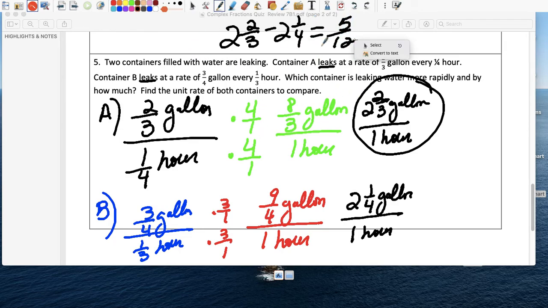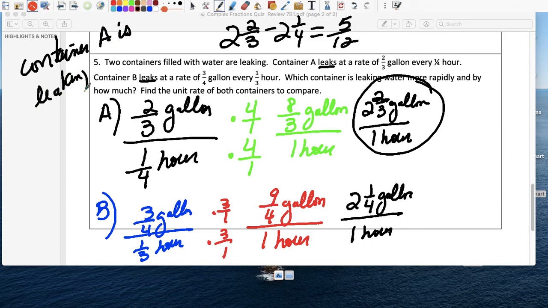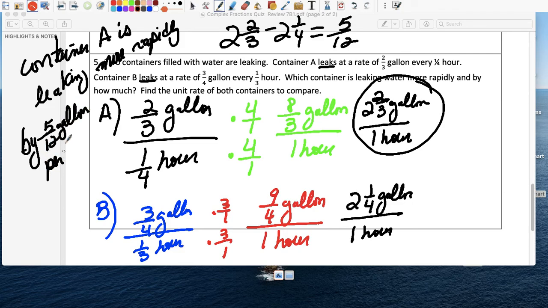So container A, I'm going to write here, container A is leaking more rapidly, más rápido, by 5/12 of a gallon per hour. That's the difference per hour. 5/12 of a gallon per hour. All right. Yeah, we'll keep it simple. That's it.